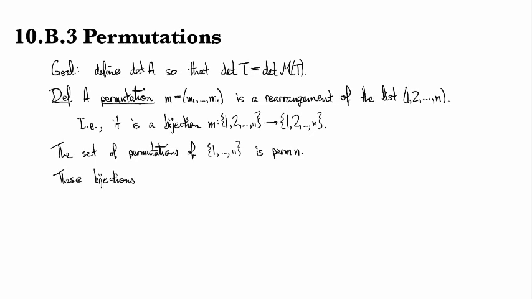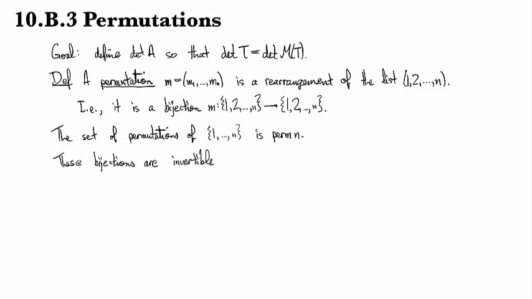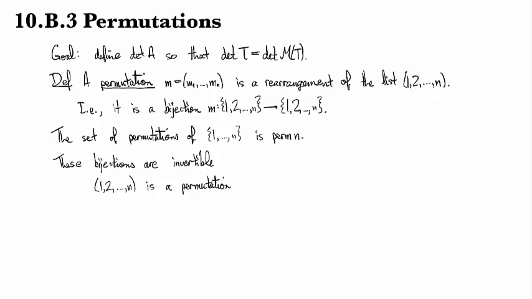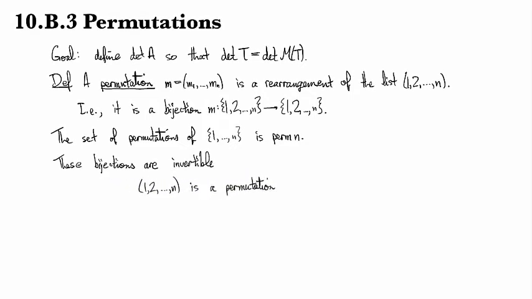So in particular, since these are bijections, they are invertible. We also have that the identity is a permutation. So this is the identity because it's saying, if you read the fine print here, let me move this over just a little bit.